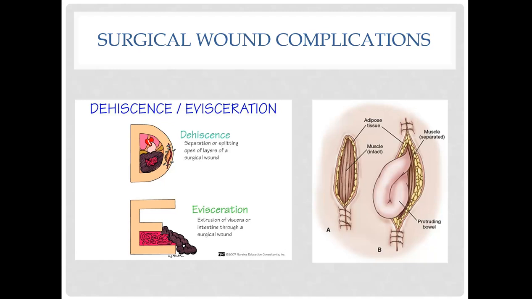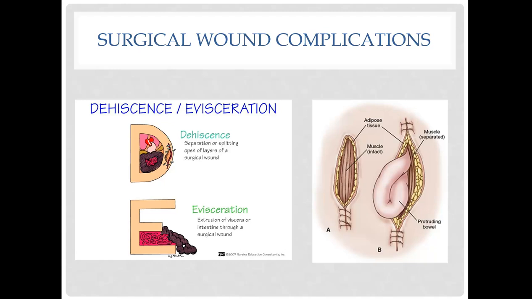Okay, so surgical wound complications. We're going to talk about dehiscence and evisceration. These are two things that could typically happen when someone has an abdominal incision, so if they've had some kind of abdominal surgery. Dehiscence is the separation or splitting open of layers of the surgical wound.